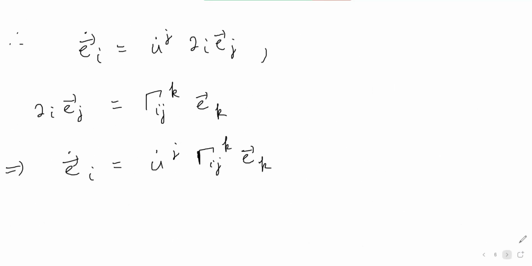Now we're going back to that statement. Let me write it down again. Lambda k is equal to r dot s, which is equal to u dot k. It's the derivative of the position vector, and the components of the position vector are the coordinates, the ui's, in this case the uk's.